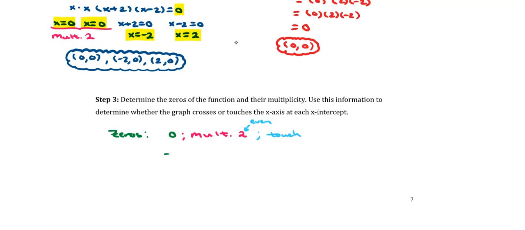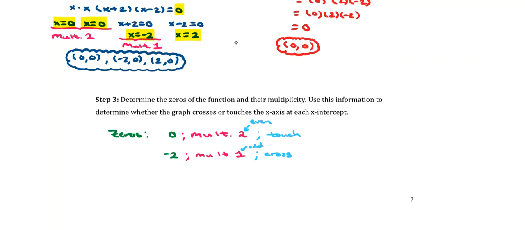Another 0 was -2, and looking at our work from step 2, -2 showed up as an answer one time, so this has a multiplicity of 1. So we'll say mult 1, and 1 happens to be an odd number, therefore the graph is going to cross the x-axis at this x-intercept.